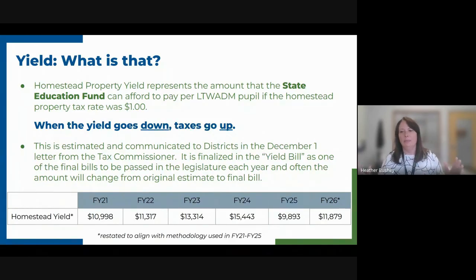A problem with the calculation for sure. And it absolutely changes throughout the time period, because you may remember seeing me come back saying I've adjusted the yield because something has happened in the House Ways and Means Committee, which is where the yield is discussed, that caused the yield to change.